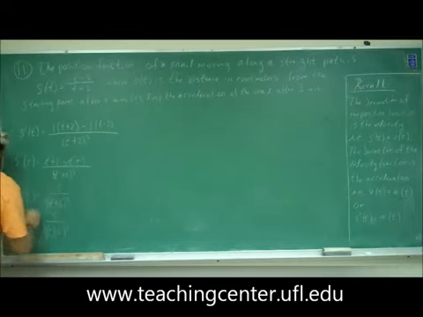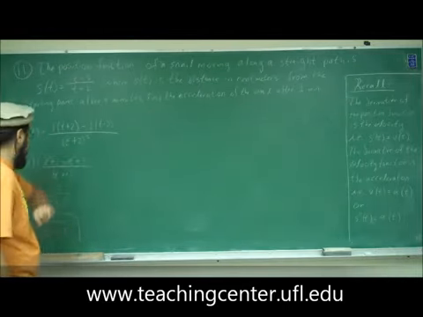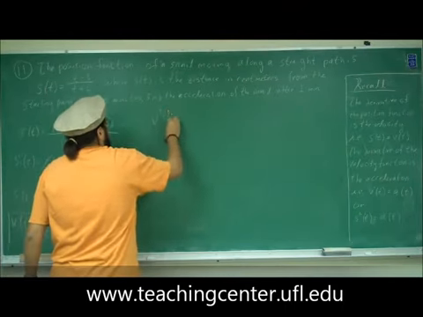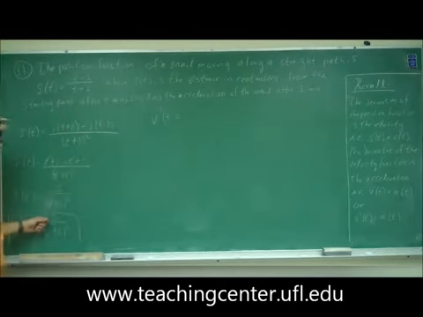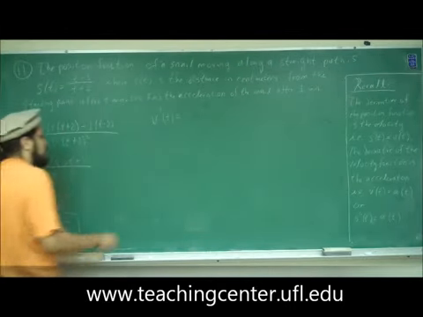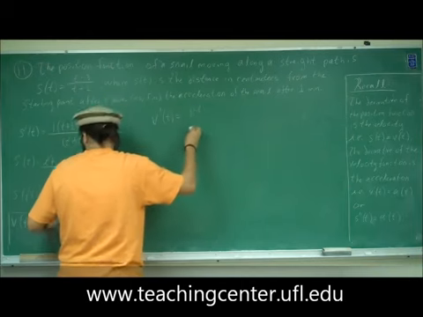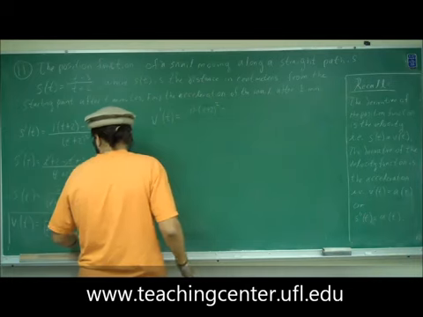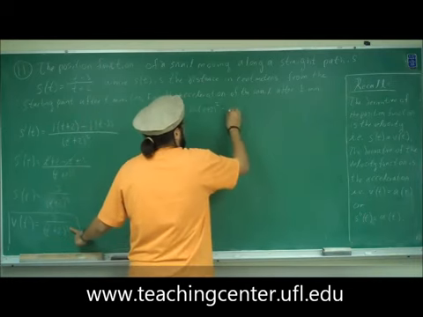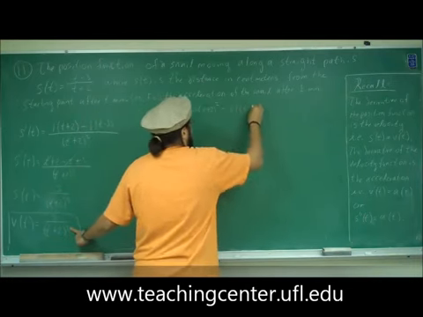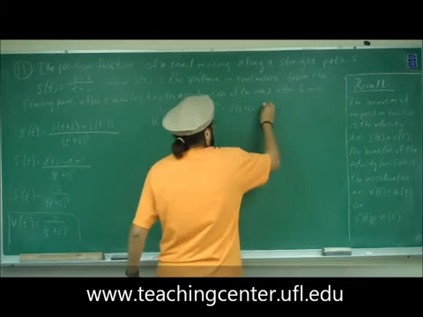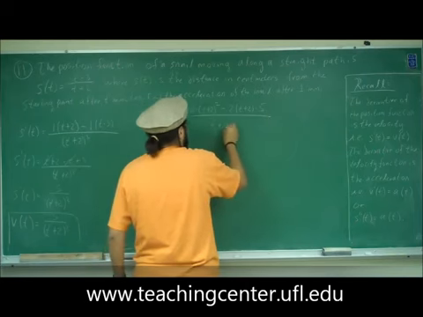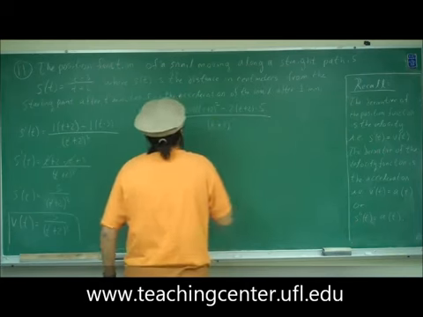So this is v(t). Alright, but we need the acceleration. So again, take the derivative of the velocity. So v'(t), again using the quotient rule: derivative of the top is 0 times (t + 2) squared, minus the derivative of the bottom, which is going to be 2 times (t + 2) times 5, divided by the bottom squared. So that would be (t + 2) squared, that's to the 4th.